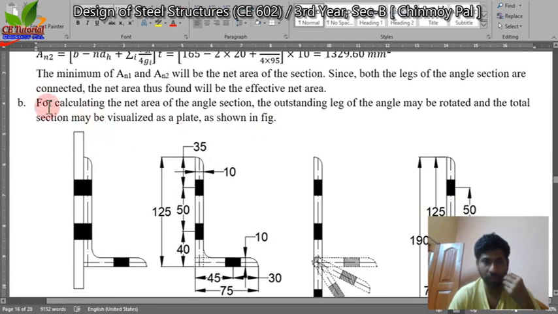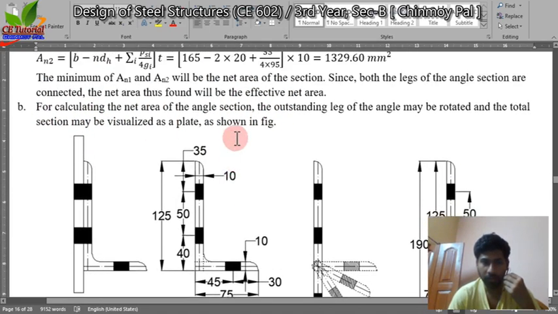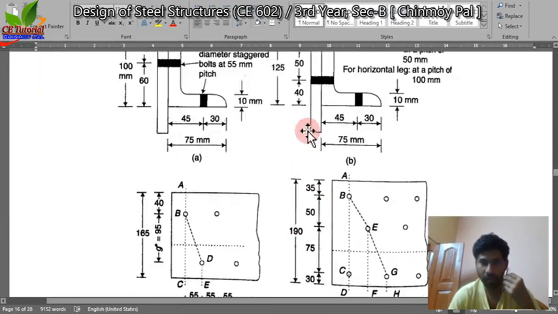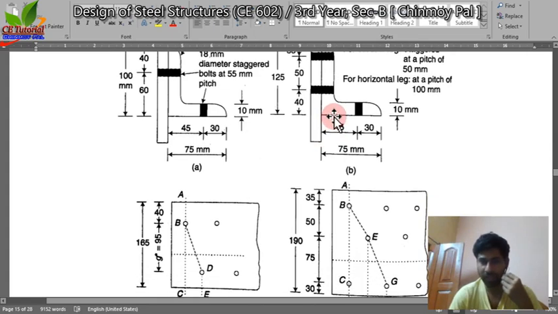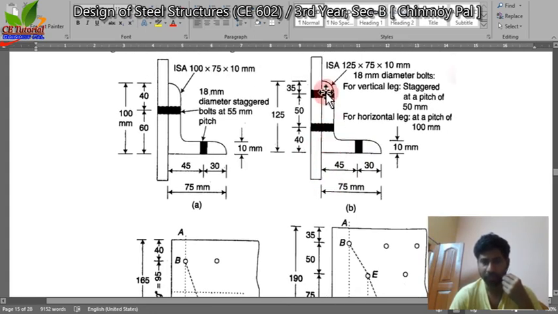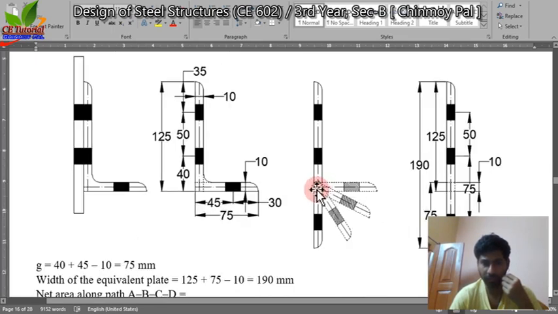For case B, this is case B, and again we are considering this as a plate element, by rotating the other leg of 75 millimeter length with respect to the point, that is the midpoint of the center line of both angles, like this.